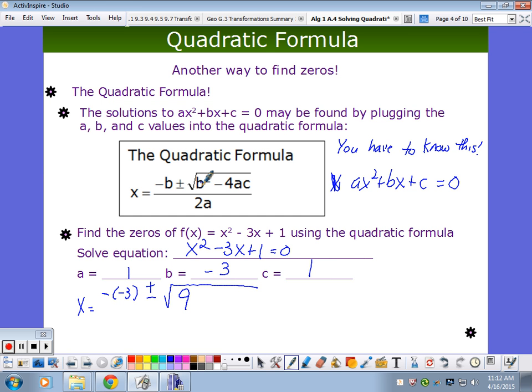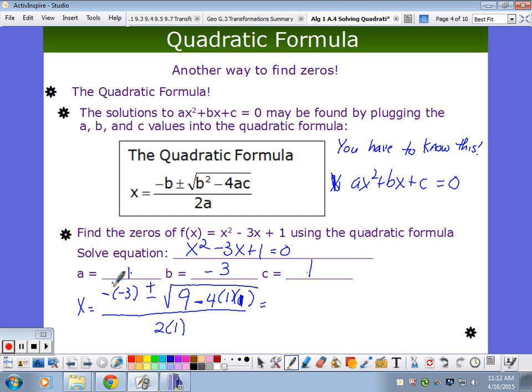Did you hear that? Any number squared is positive. So even when it's a negative b, look what happens. Minus 4 times a times c, because here's a and here's c, all over 2a.